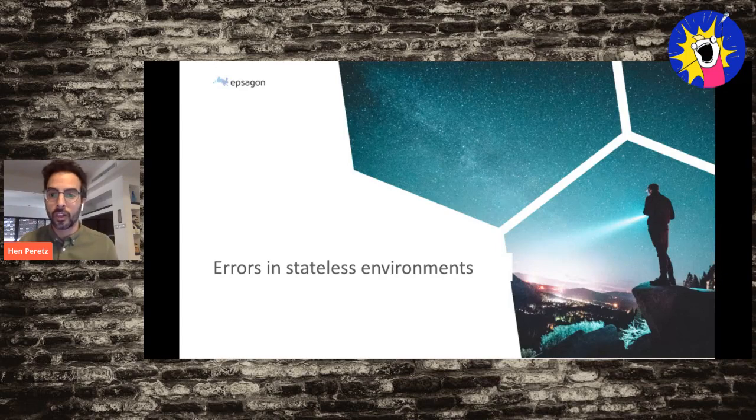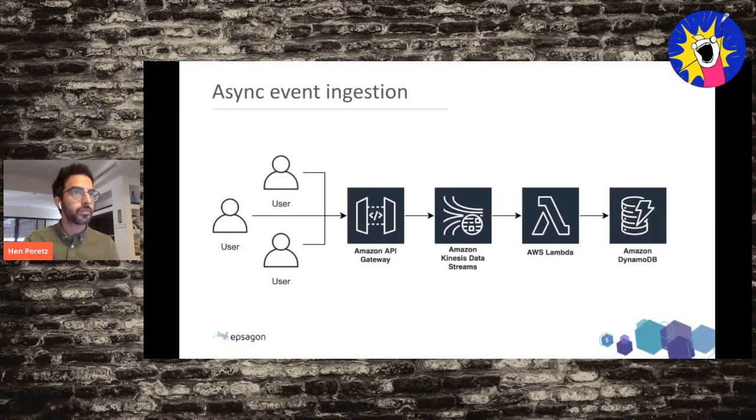The first example I'm going to use is a simple application utilizing the most common stateless resources out there. This application consists of 4 different stateless components. We have customers streaming events through API Gateway, which is the HTTP endpoint, into a Kinesis.